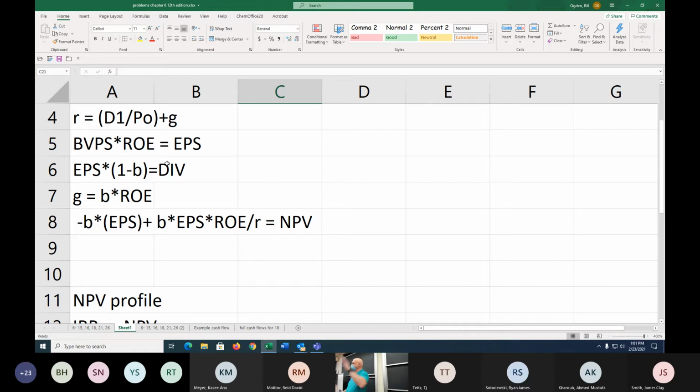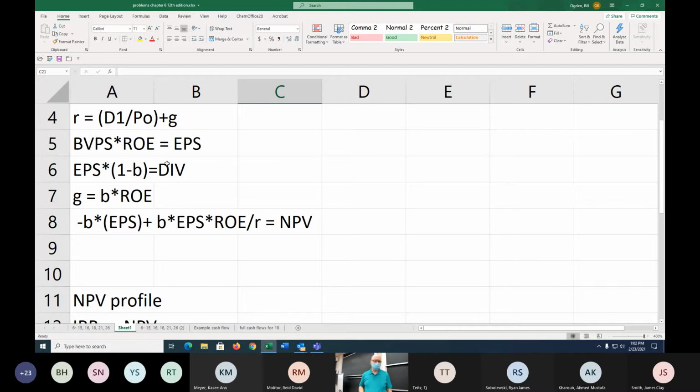Person sitting right there raised their hand and had a question on the test on this material, and I think the problem said the company reinvests 40% of its earnings. Person asked me, what's the plowback? What do I use for plowback? I'm not going to tell them that. Okay, what is plowback? It's what you reinvest back in the company, isn't it?